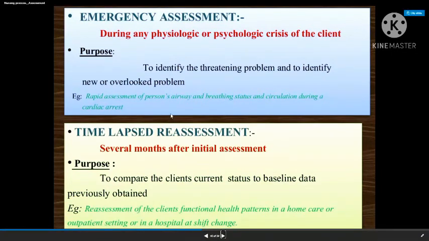This is to identify the threatening problem and to identify new or overlooked problems. For example, rapid assessment of a person's airway, breathing status, and circulation during a cardiac arrest. Cardiac arrest is an emergency situation. During this time, whatever you are assessing, especially as the patient will have breathlessness as well as any abnormality in the heart, these are the emergency assessment.